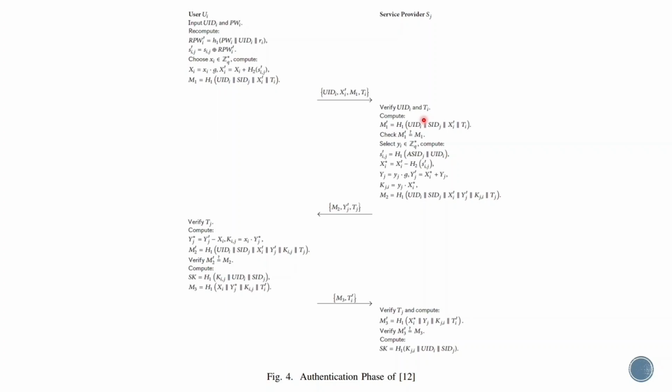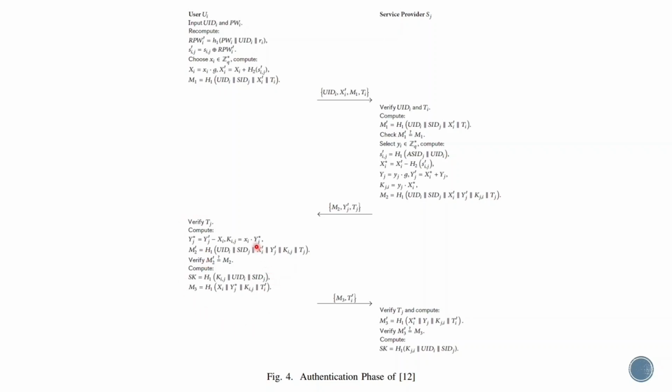The server checks the authenticity of the user, and upon successful computation of its own values, it confirms the user, and it also checks the validity of the timestamp that the user is sending this message at. The timestamp is basically this TI value, and the server sends back its own message M2 with its own timestamp.